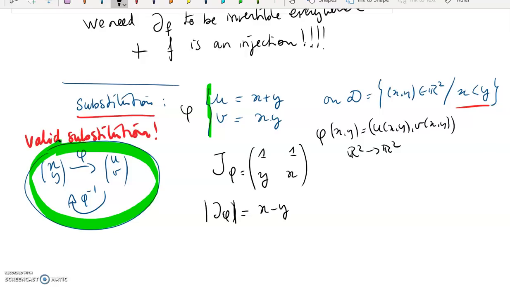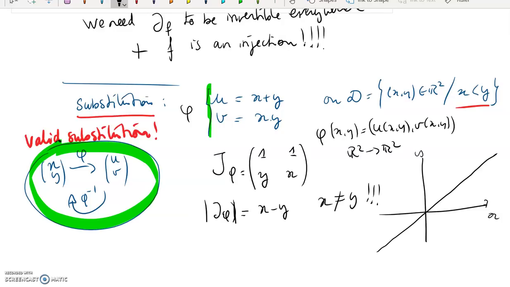In order to be able to apply my theorem, I want x different from y. And if we want to keep the area where we're going to act in one single piece, so if that's x and that's y, we will want to exclude that line and half of the plane that it is determining.